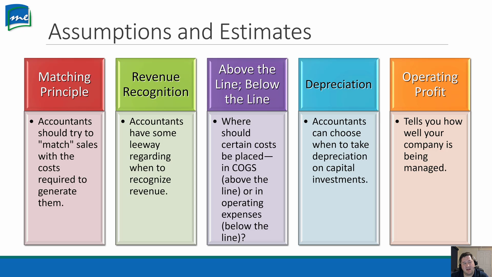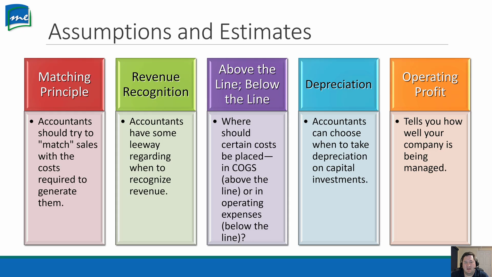So some assumptions and estimates when we're looking at these things. So we have our matching principle. Accountants love to make things line up together because they have to. So they try to match the sales with the cost of goods that was related to them.